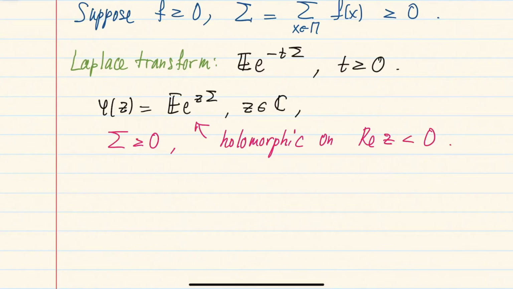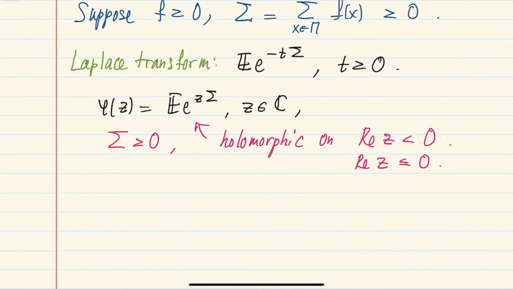And that's just because you have integrability conditions to interchange derivatives and integrals, which will allow you to check the Cauchy-Riemann equations. At the same time, the Laplace transform gives you the values on the negative real line, and so that means that it determines this function phi of z by continuity on the half plane, including the imaginary line. So it determines uniquely the characteristic function, and as a result, it determines the distribution.